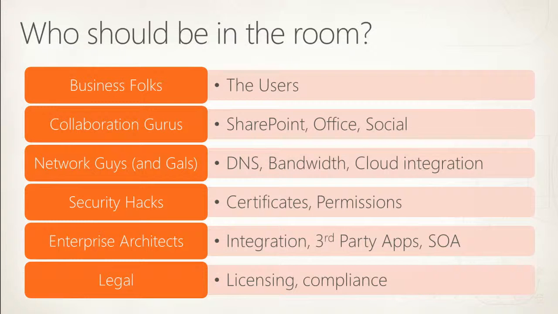So the one to emphasize, though, at least in our experience, the one that you always forget, I'm guessing most of the folks in here are IT, you probably got some developers, some people that are in operations, everything else. The easiest one to forget is the business folks, the users themselves, and actually that's the most important one to have in the room. So oftentimes you can go down and figure, I know what the users want to do, or I have a good sense of the users, I get all the calls.